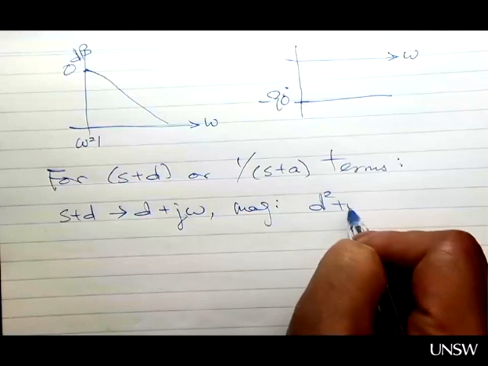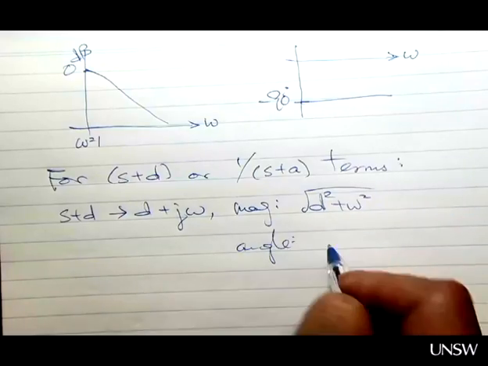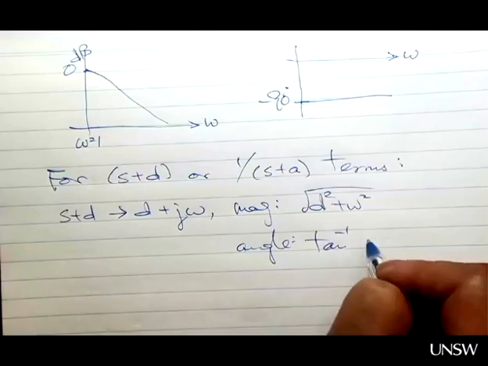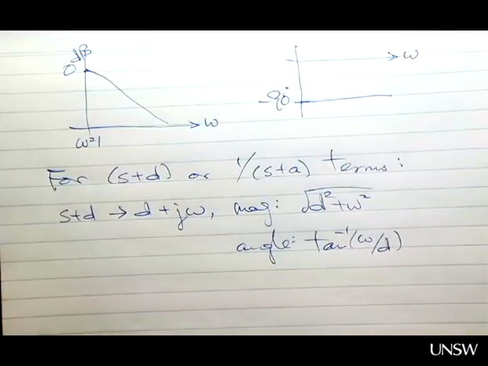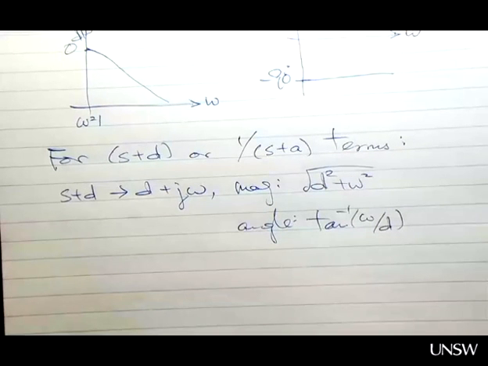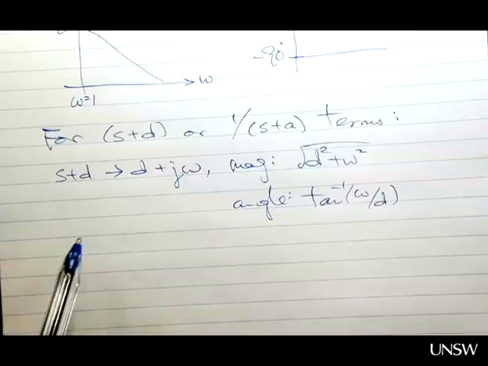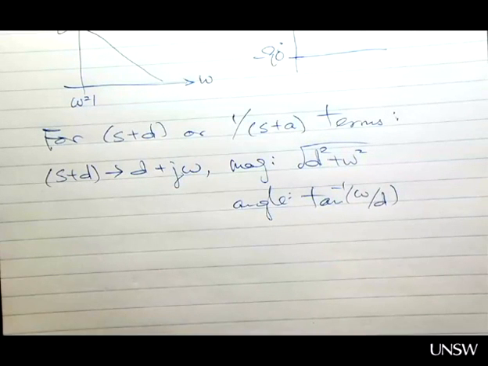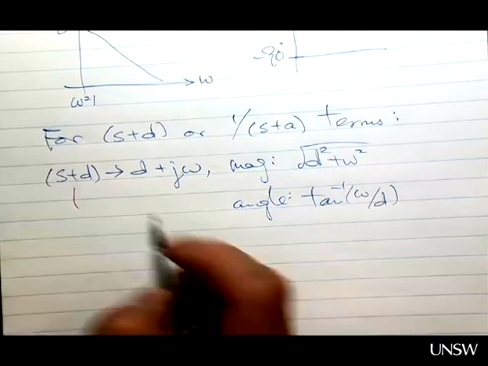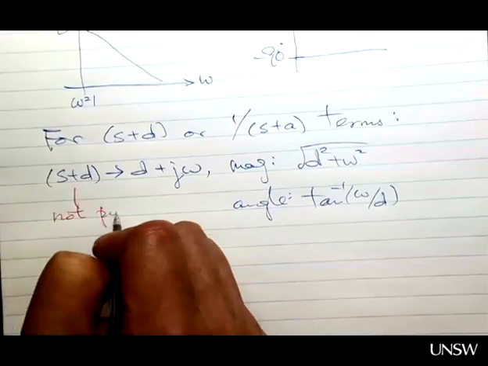And then the angle is the arctangent of the imaginary part divided by the real part. For these cases, it is not purely imaginary.